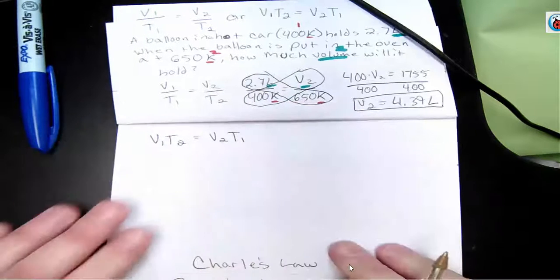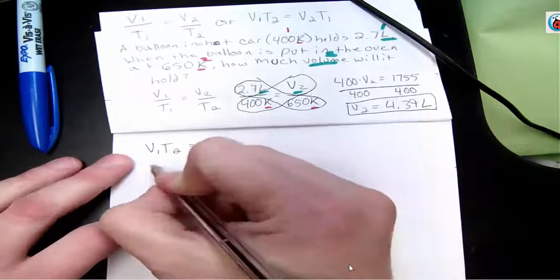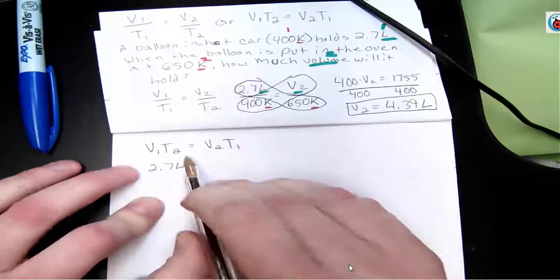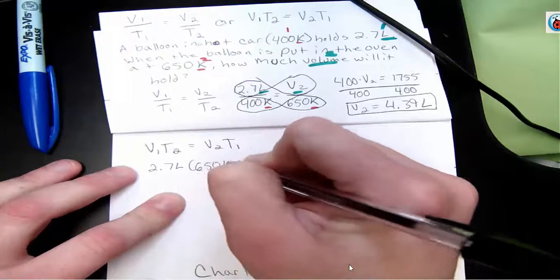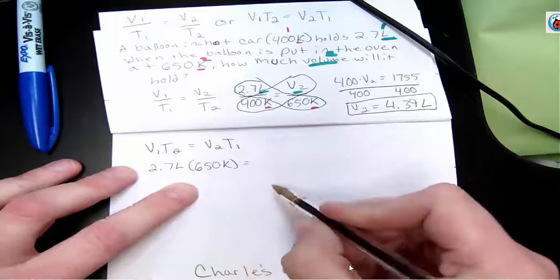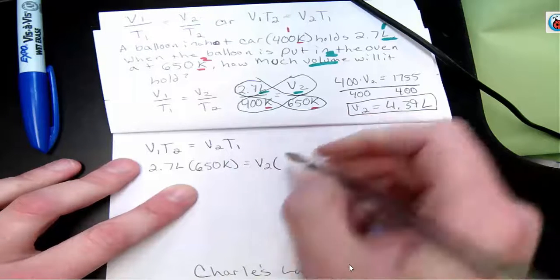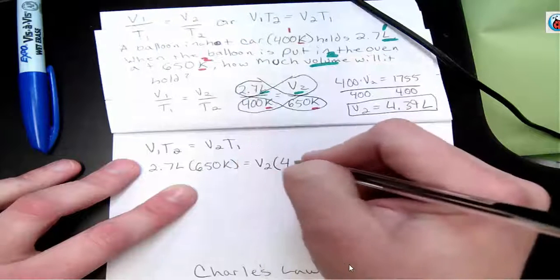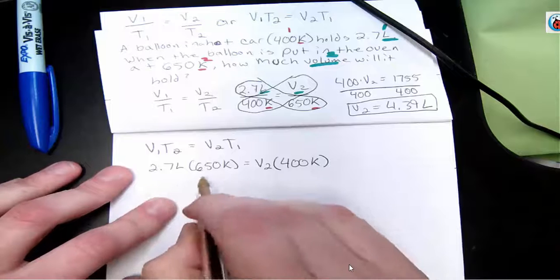Okay. Again, we'll plug in volume 1 is 2.7 liters. But this time we put with it temperature 2, so 650 Kelvin. That equals volume 2, which is unknown to us, times temperature 1, which is the 400 Kelvin. Then of course we multiply.